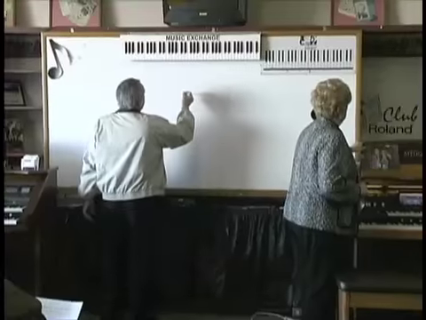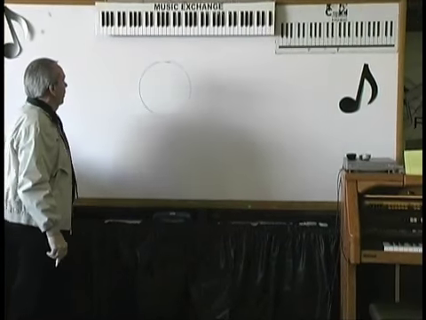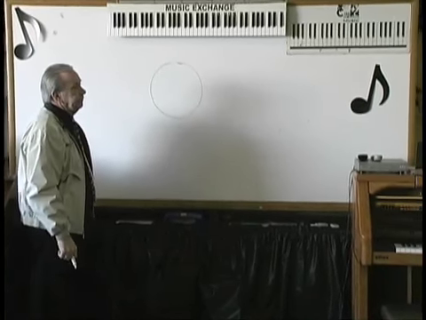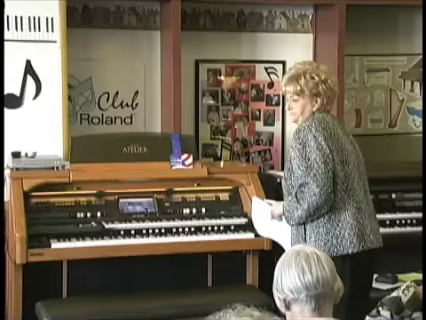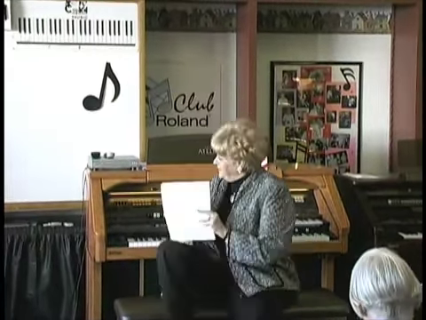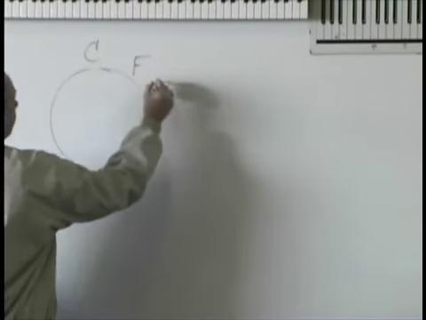So today we're going to continue with seventh chords. All right. Hopefully by now you have the circle memorized, correct? The top at 12 o'clock, what's up there? C. 1 o'clock, F. B flat.